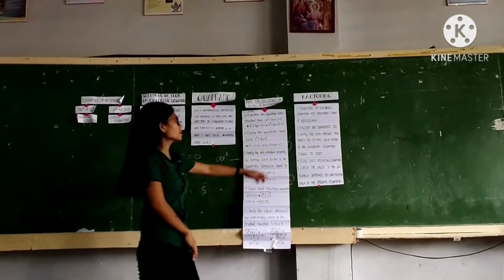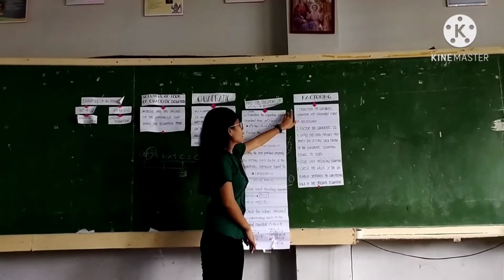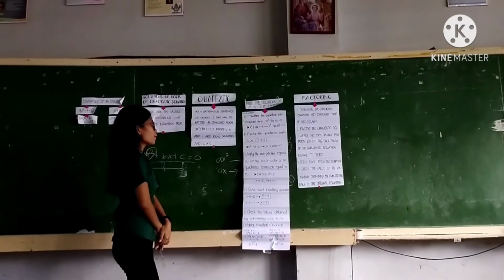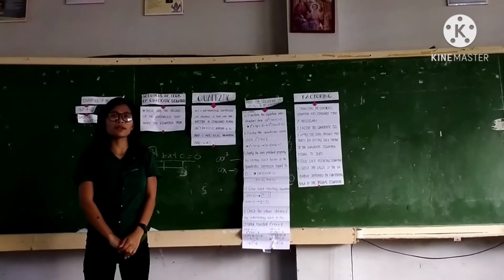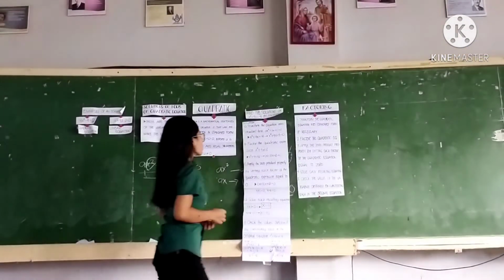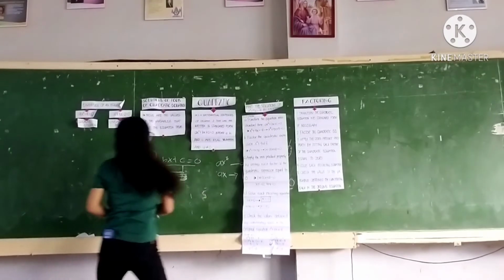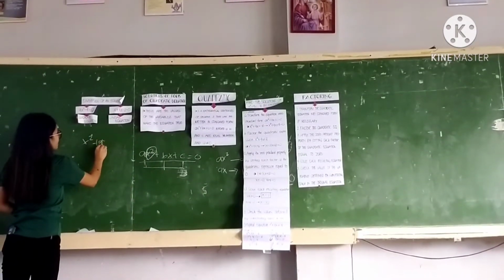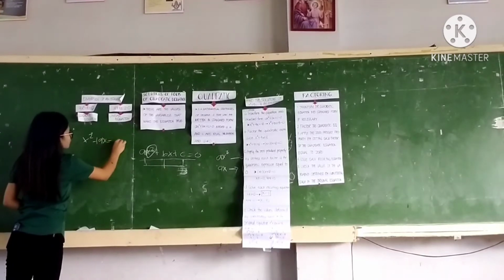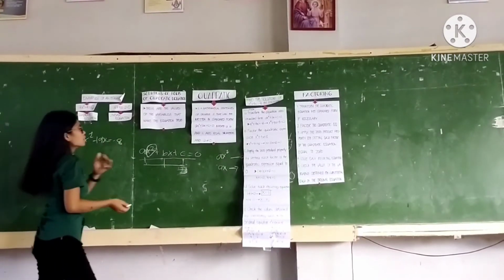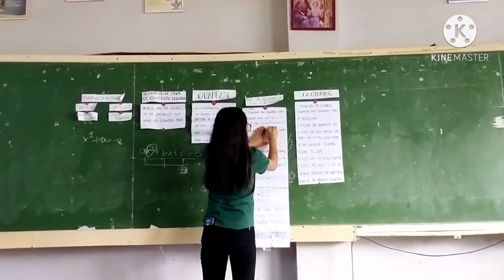For step number 1, it says that we have to transform the equation into standard form, ax squared plus bx plus c is equal to 0. Since we have x squared plus 9x is equal to negative 8, we are going to equate it to 0.